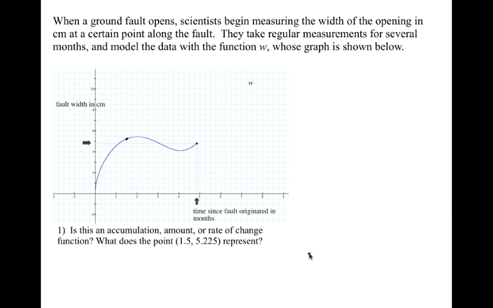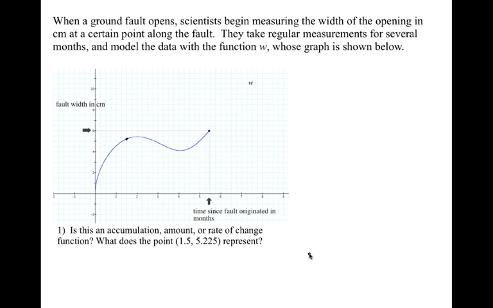Net accumulation is a function that measures amount of change. And so that will always start at what value? 0. So if we start at time equals 0, we have 0 accumulation. So in that sense, this could be thought of as a change function. Change of width since it started to open. In that sense, it's a net accumulation. But then that's also the same. It's just what the width is at any value of time.